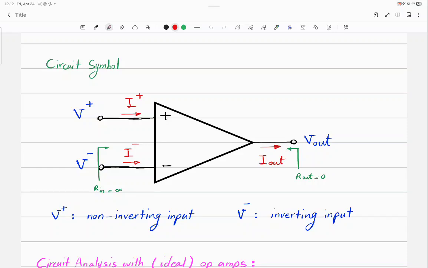What would you say the gain of this amplifier is? 1,000, right? Because it's amplifying the input by 1,000 and then giving it to the output, okay? So the gain is the output voltage divided by the input voltage.